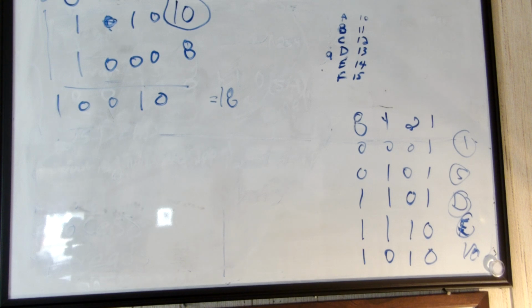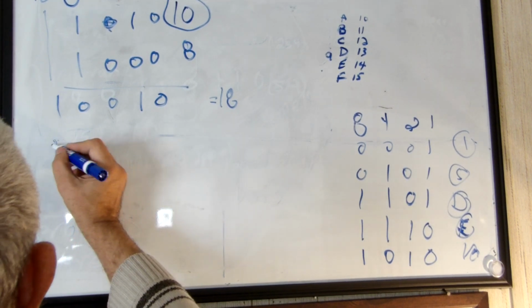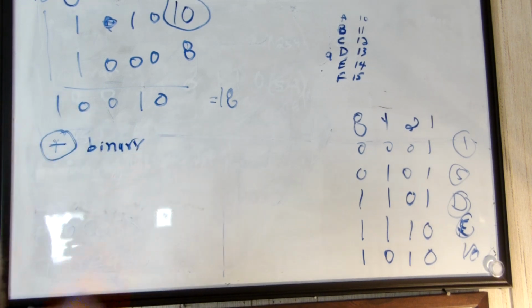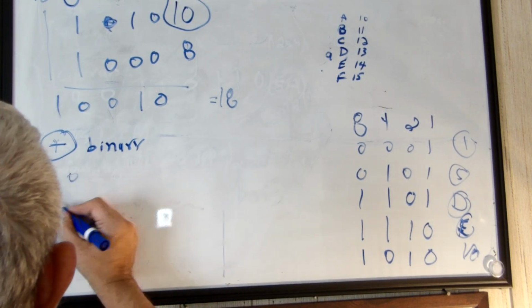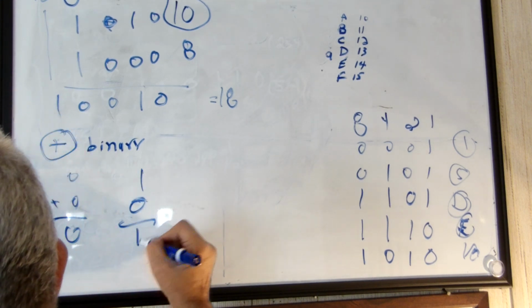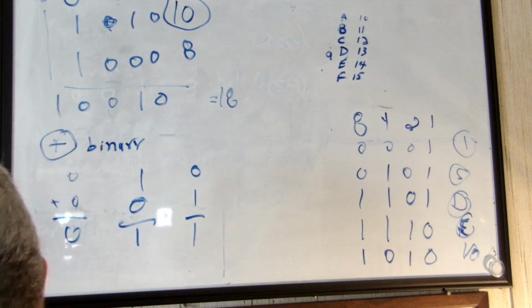In general, in binary addition, what do you do? 0 plus 0 is going to be 0. 1 plus 0 is going to be 1. And 0 plus 1 is going to be 1.